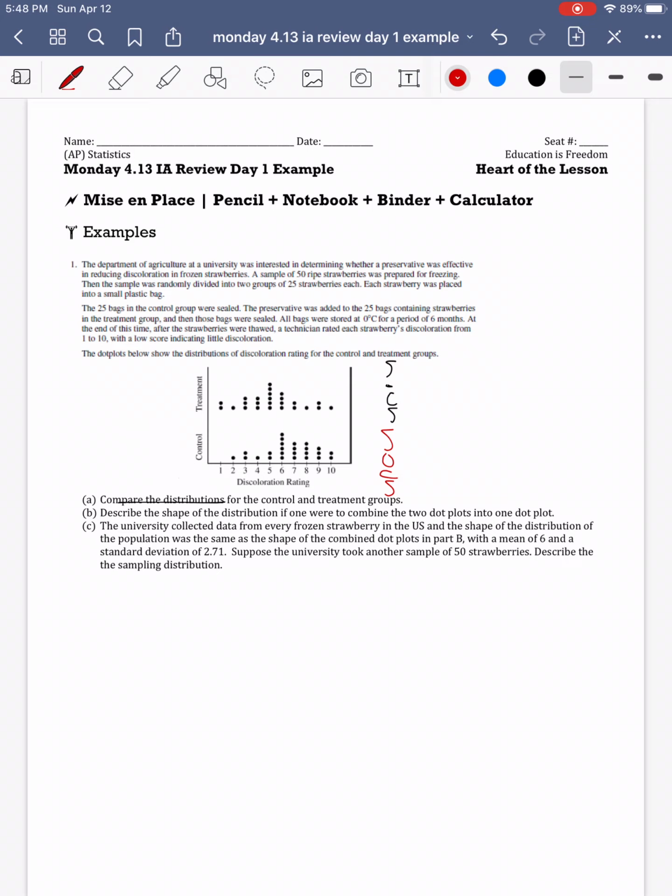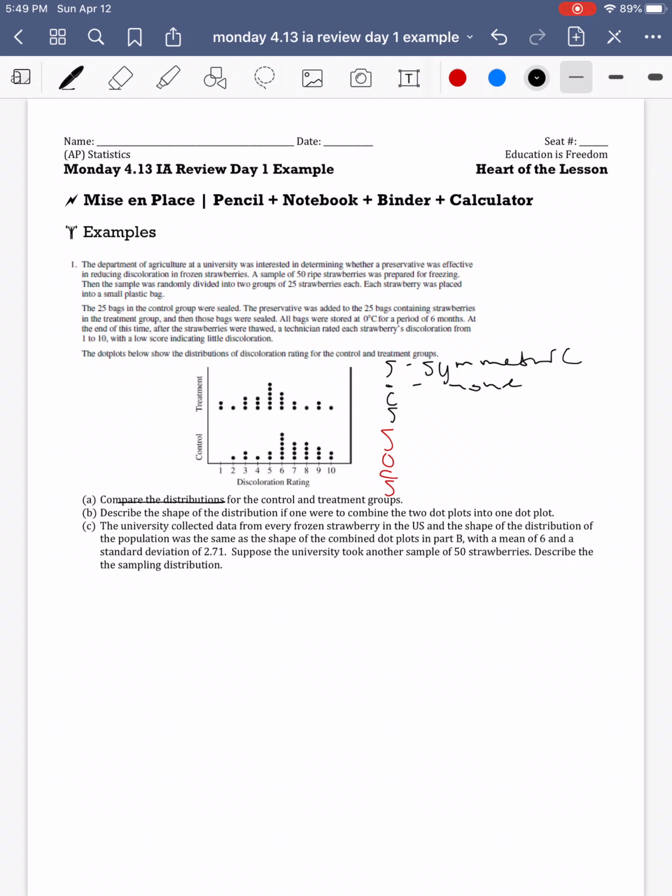So looking at the shape for the first treatment, I see that we are pretty symmetric here. For outliers, I don't really see any, so that's fine. The center, I want to use probably the median here.